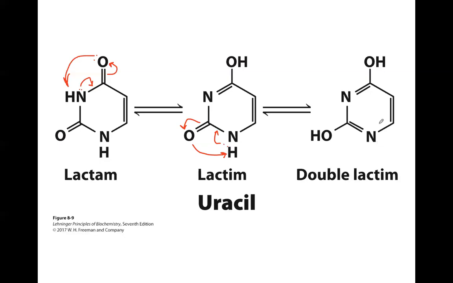Now, the tautomerism is actually quite important. And originally when the structure of DNA was not known, this was one of the biggest impediments in trying to solve the structure of DNA by scientists named Watson and Crick, right? You know Watson and Crick, right?